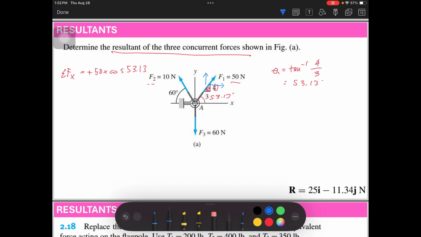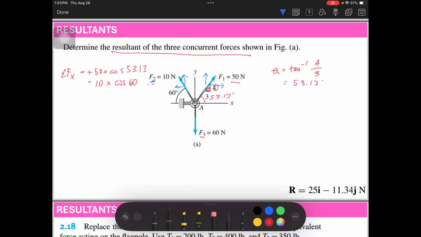Next, si F2, since inclined siya, meron yung horizontal component and vertical component. So, yung horizontal component niya is going to the left, so negative yan. Negative 10 Newton times cosine 60. Okay? Yan ang horizontal niya.